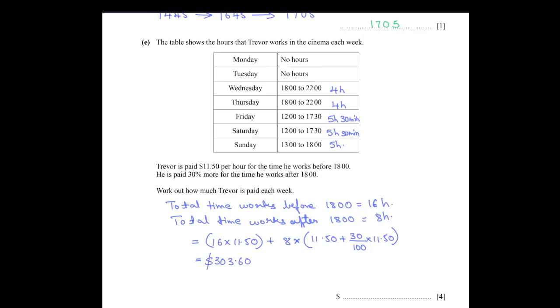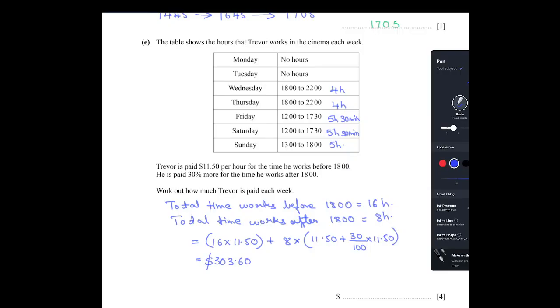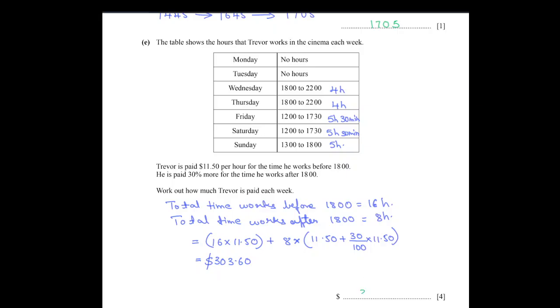This is the amount he will be getting after 1 week, every week. Question number E is done.